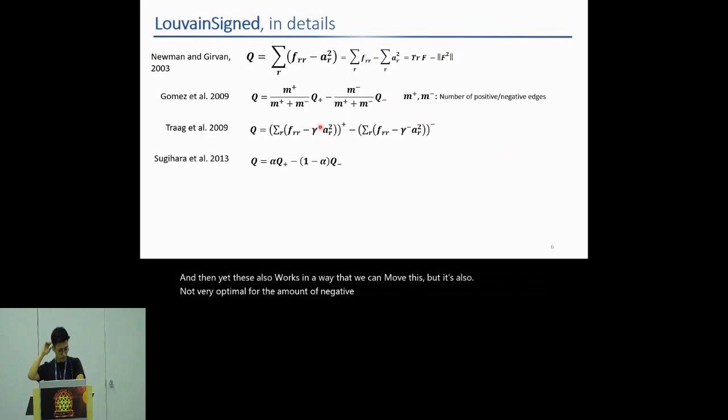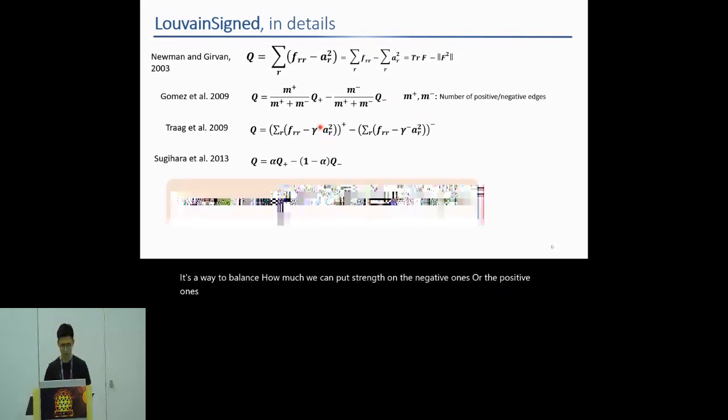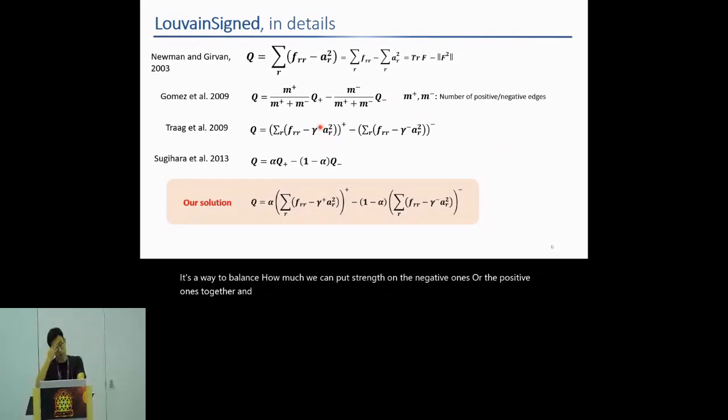And then in 2013, Sugihara proposed this method, which is a way to balance how much strength we put on the negative ones or the positive ones. And then this came out, okay, so what about we don't put everything together?